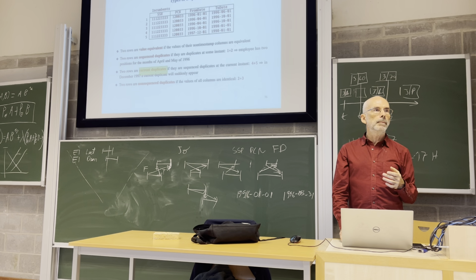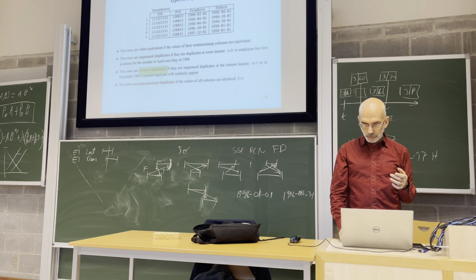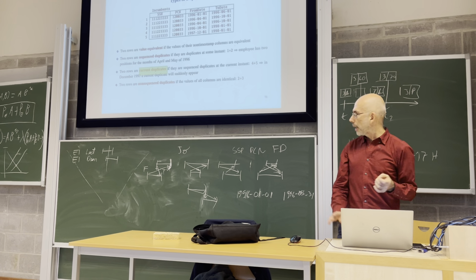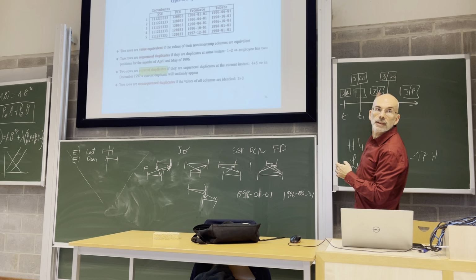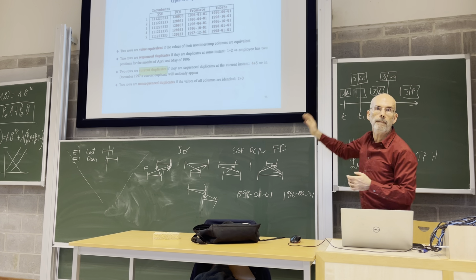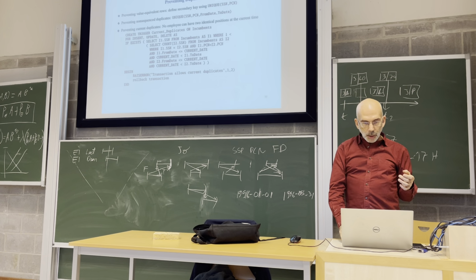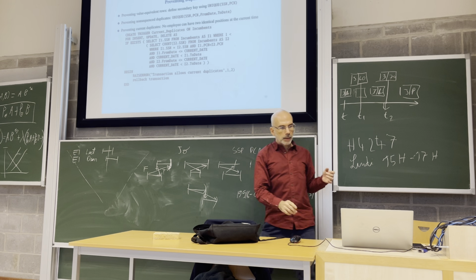No, I just mean, if I say that something is a current duplicate, can I also say that it is a sequenced duplicate? Yes. Okay. So it's just a matter of perspective. Yeah. Of what date am I looking from? Exactly. Again, it's shifting in this timeline here. So look at this example. You remember this?